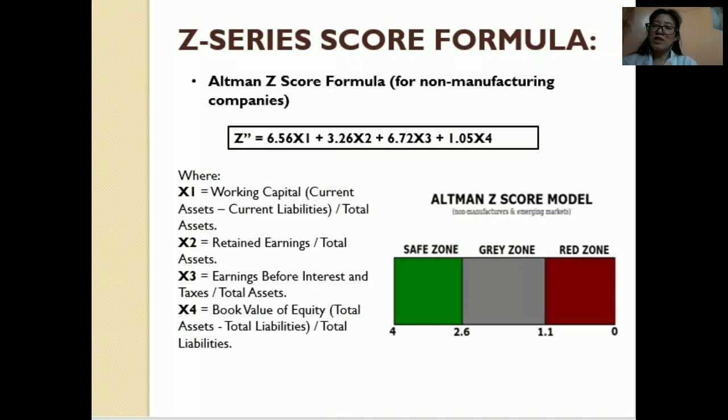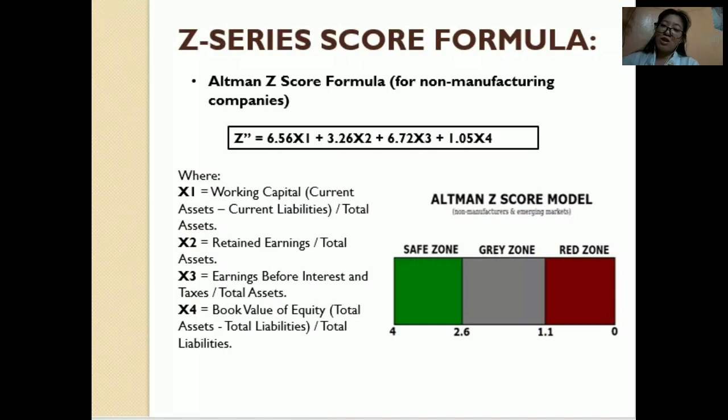Here, investors may consider purchasing a company's stocks since there is minimal risk of the business going bankrupt in the next 2 years. And a value of Z between 2.6 and 1.1 represents that the company is in the caution zone. The company is considered to have a moderate risk of bankruptcy.